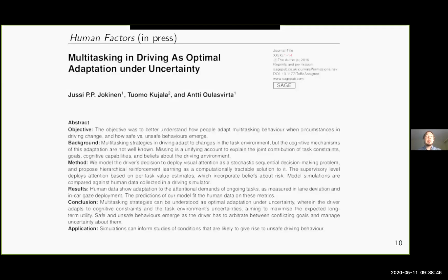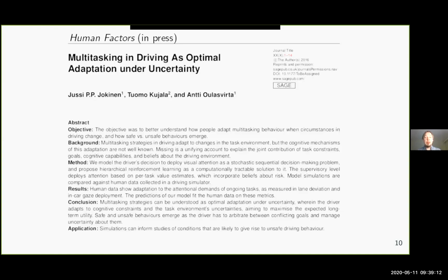So we use this idea of hierarchical control policies to model multitasking in driving. And the idea here was that we employ the notion of optimality. So we assume that this sort of subtask and controller hierarchy discovers the optimal policy.